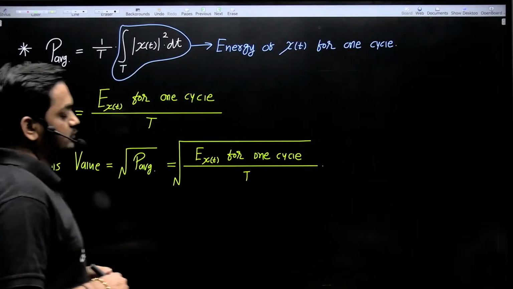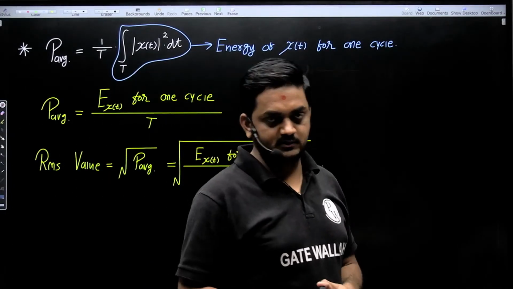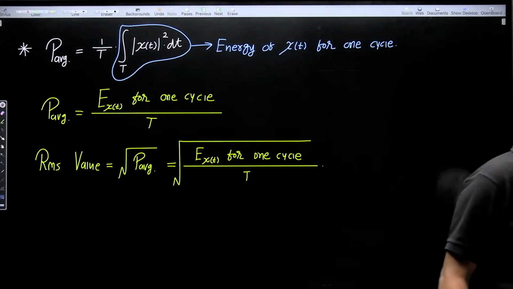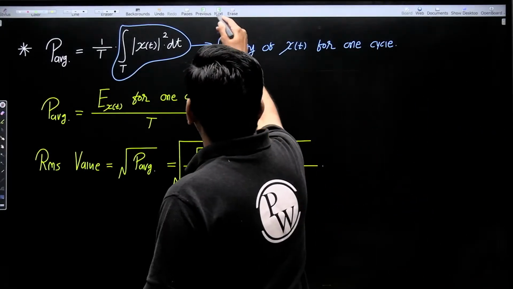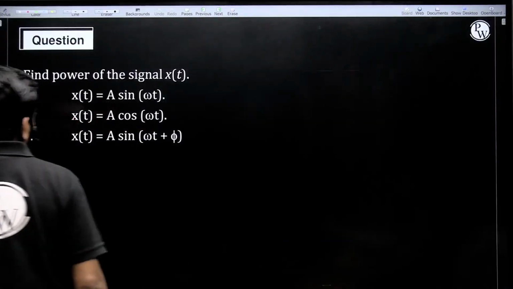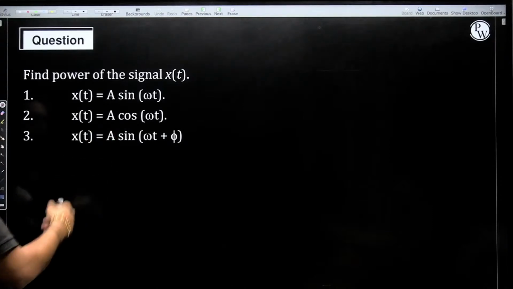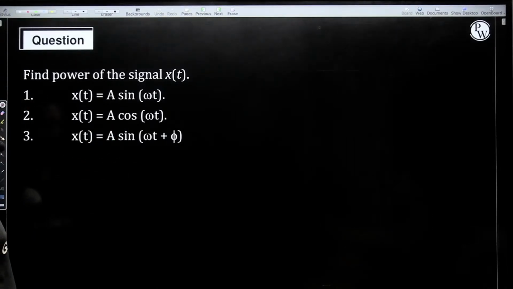Now let us solve some questions based on these formulas. Okay, so let us start with the first question. Let us calculate power of a sinusoidal function: a sin omega t, or a cos omega t, or a sin(omega t plus phi).